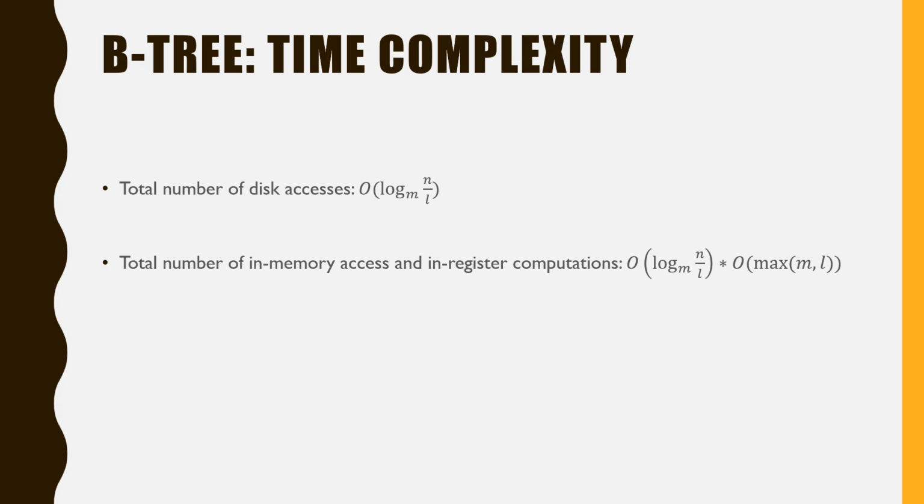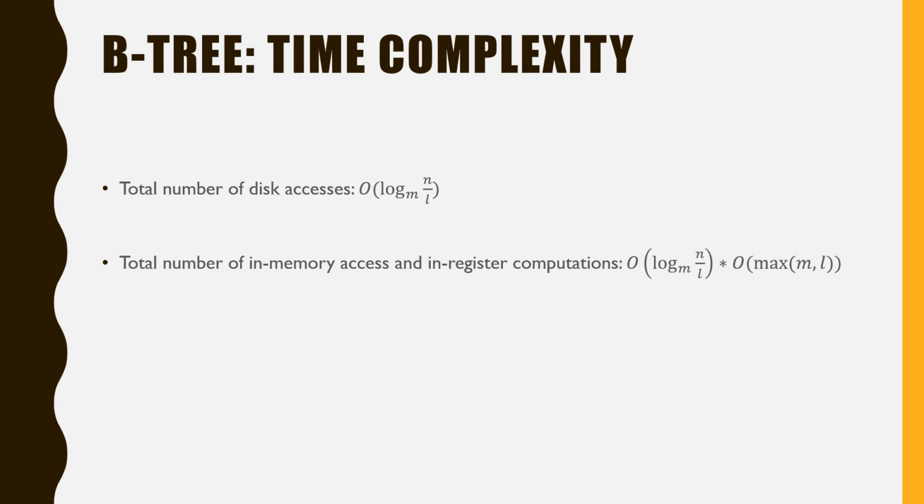Now, let's analyze the time complexity of the search, insertion, and deletion operations. As discussed earlier, the number of disk accesses required by any of these operations is bounded by the height of the tree. Given n data elements, with each leaf node storing up to L data elements, the total number of leaf nodes is in O(n/L).